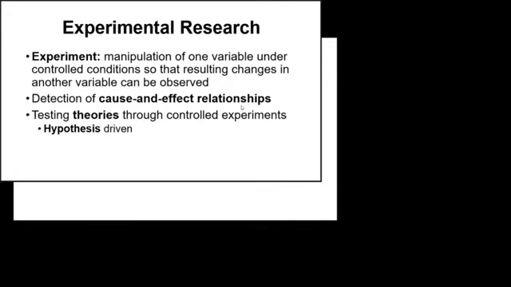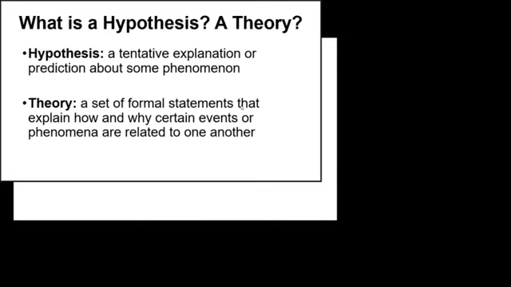And that's the relationship between those two. So I actually did a formal definition for both, where a hypothesis is a tentative explanation or prediction of some phenomena. So maybe we have the idea that when we manipulate A, it should cause a corresponding increase in B. So increasing A causes an increase in B.